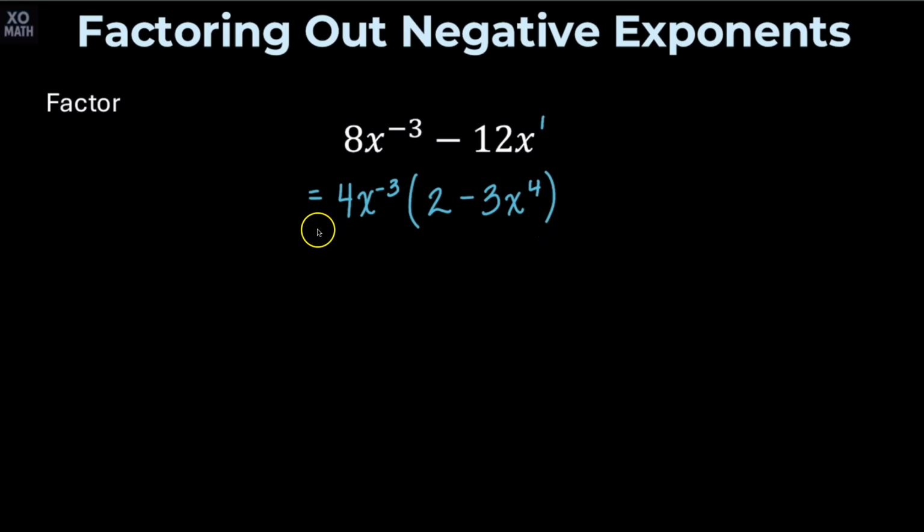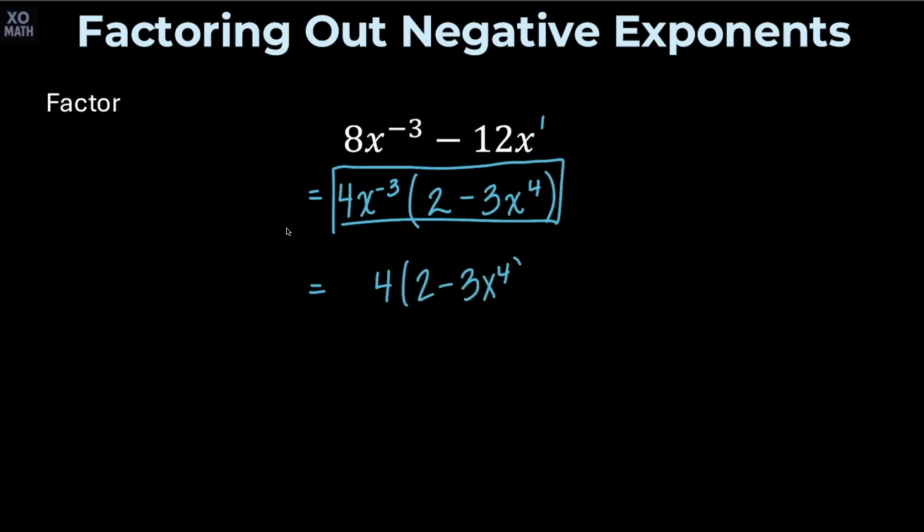So this is the correct factorization again, but if we wanted to avoid having a negative exponent, we would write this as 4 times the quantity 2 minus 3x to the fourth all over x to the positive 3. So we can move the x that's attached to the negative exponent to the other side of the fraction bar to make it positive.